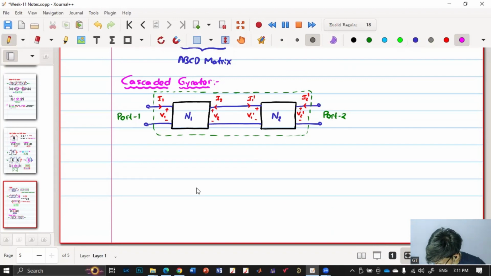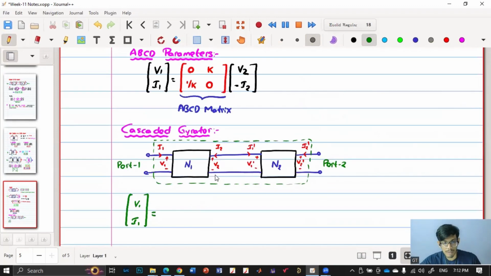Say we have input V1, I1. Then the ABCD matrix is the product of the individual matrices. Let me use the green color so it is visible. Say the gyrator constant is K1 here and K2 here.